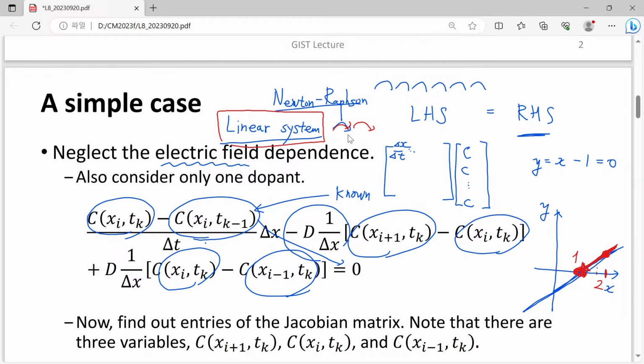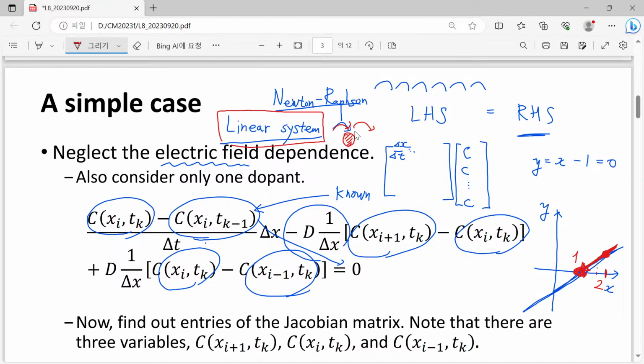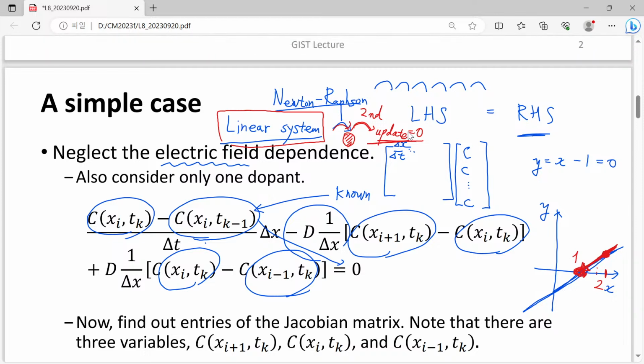The first time we will have a large update to correct our solution. After that, if we go to the second Newton iteration, then we will have a really zero update vector for our Newton-Raphson method. So this is my suggestion.